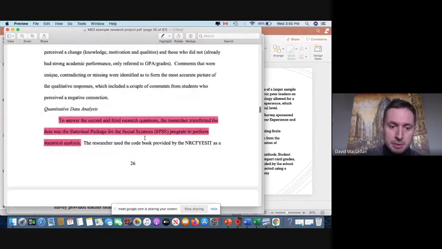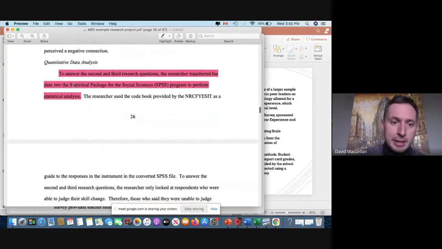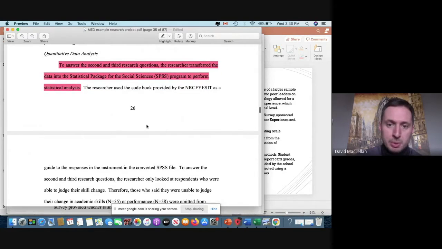In terms of the quantitative data, they had more closed-ended questions and were able to use a statistical analysis program using a code book.